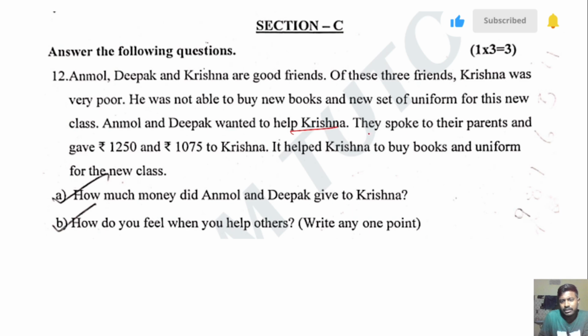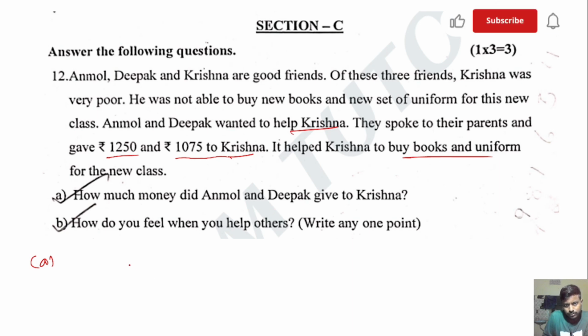They spoke to their parents and gave 1,250 and 1,075, and it helped Krishna to buy the books and uniform. Then find question A: how much money did Anmol and Deepak give to Krishna?